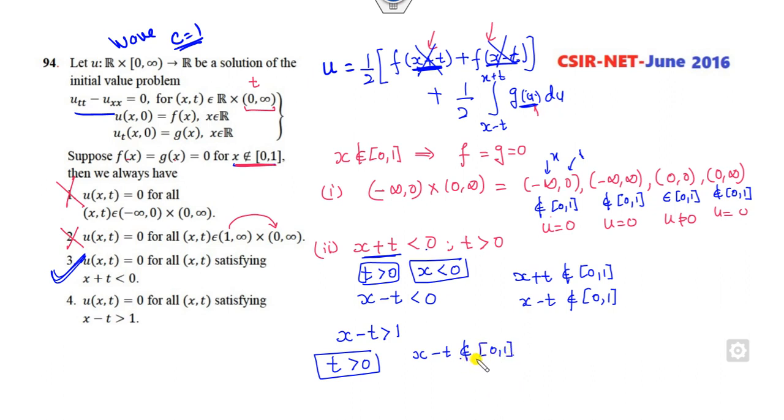So once it does not belong to [0, 1], f will be 0. This part will be 0. What is x plus t? When t is greater than 0, this will be here. Again, it does not lie between 0 and 1. So again, this will be 0, this will be 0. The right answers are C and D.